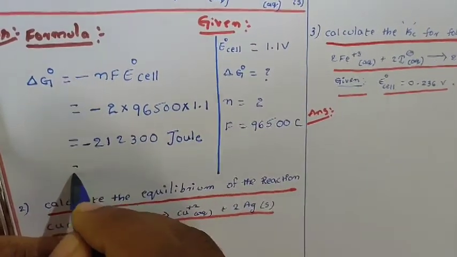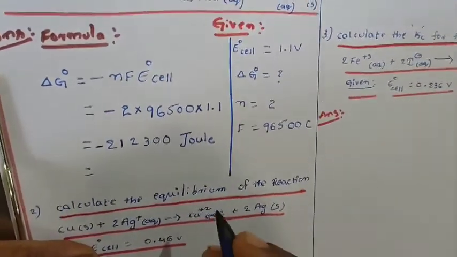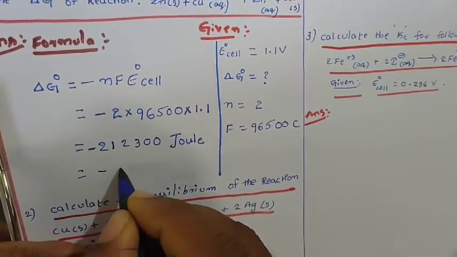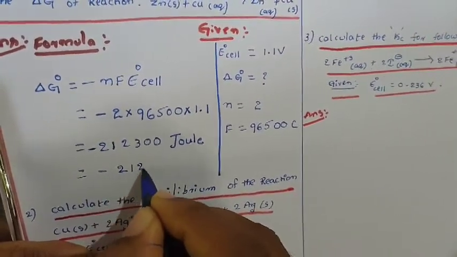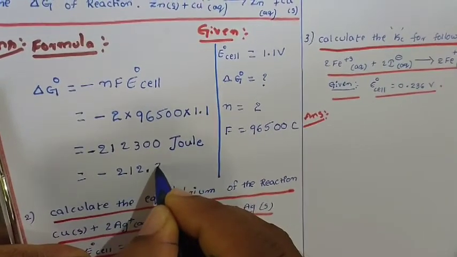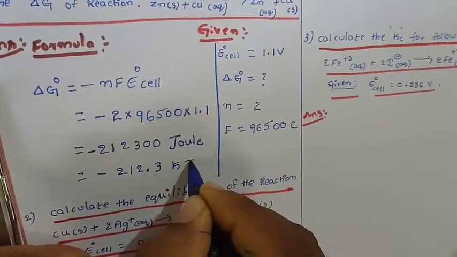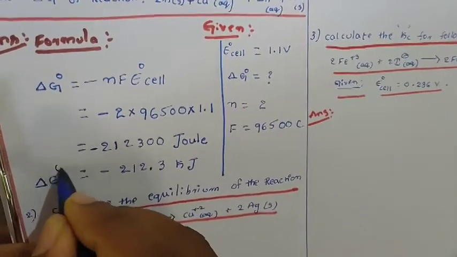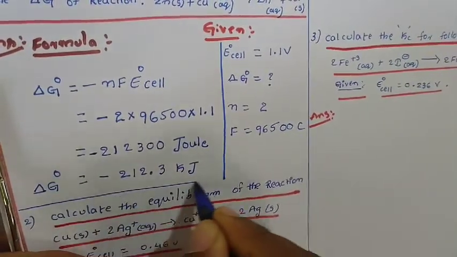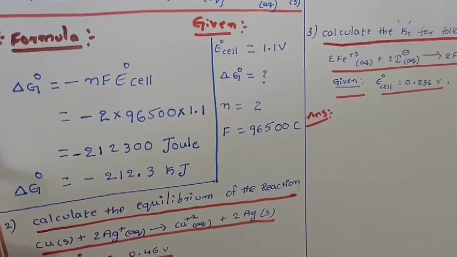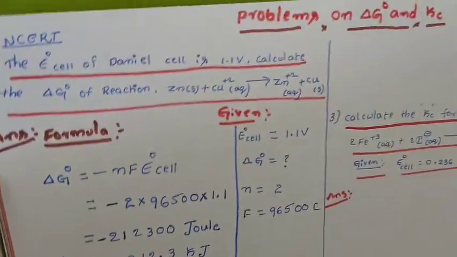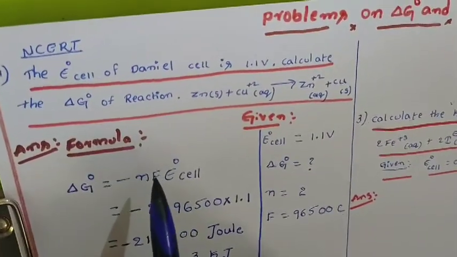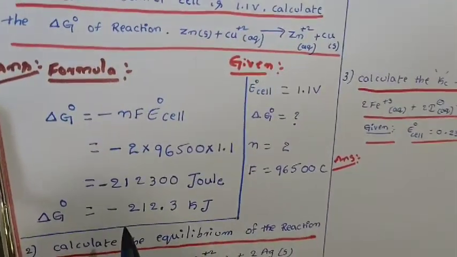When you divide by 1000, the value becomes minus 212.3 kilojoules. This is the value of delta G naught. I hope you understood properly. This is the problem and this is the solution.